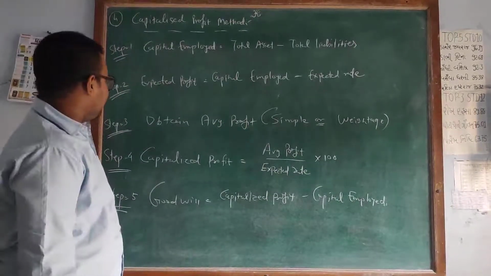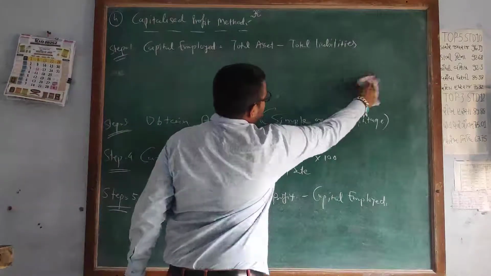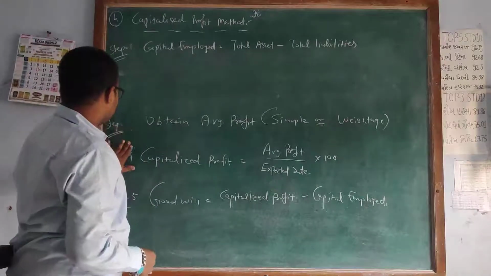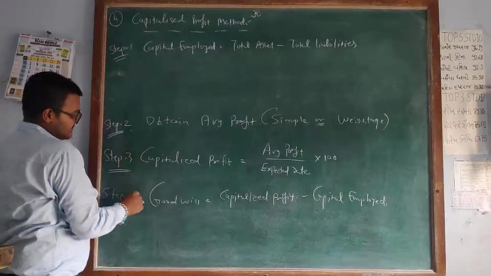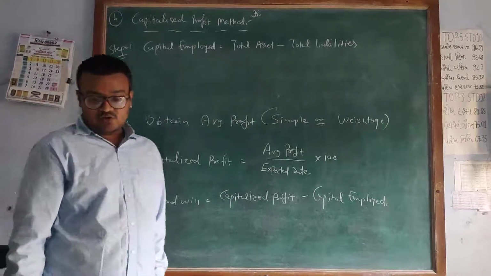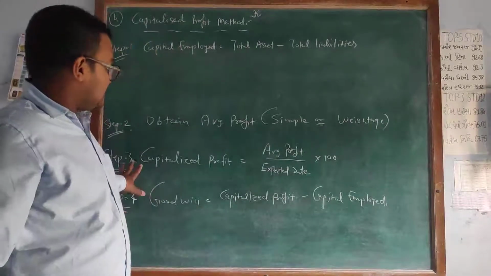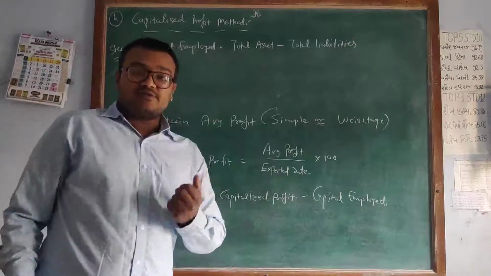So let's concentrate. In this method there is no need to find out expected profit, friends, so we will remove that step from the method. Step 2, step 3 and step 4 will be our value of goodwill. Okay, so let's consider this, and from now onwards we will do sums.